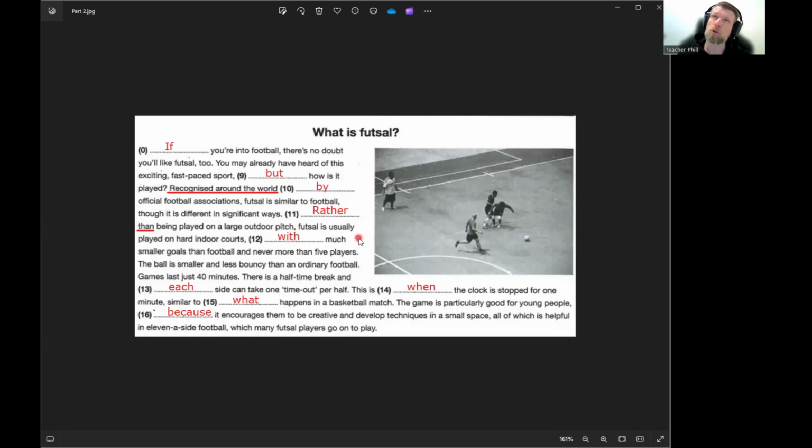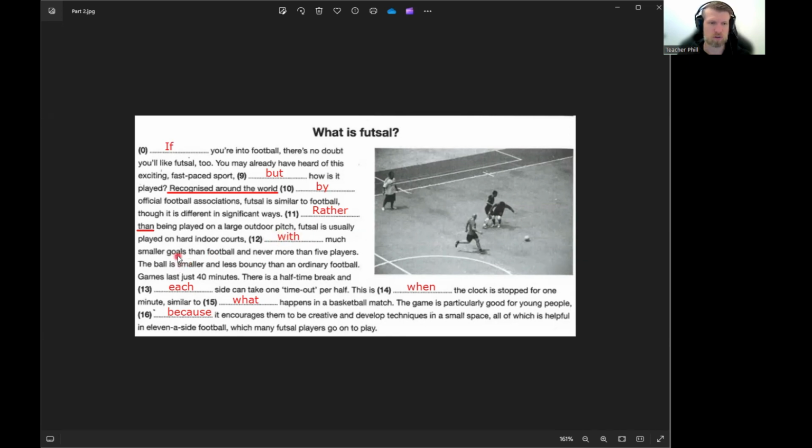Now that I'm looking at it again, I'm thinking about other words. With much smaller goals. Perhaps we could also say using much smaller goals, or including, or something like this. Maybe that is an option as well. But I think with is the obvious choice here, so I'll keep this. I like maybe including, but with works as well.